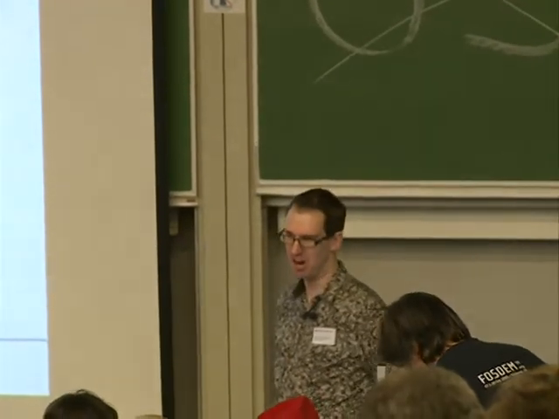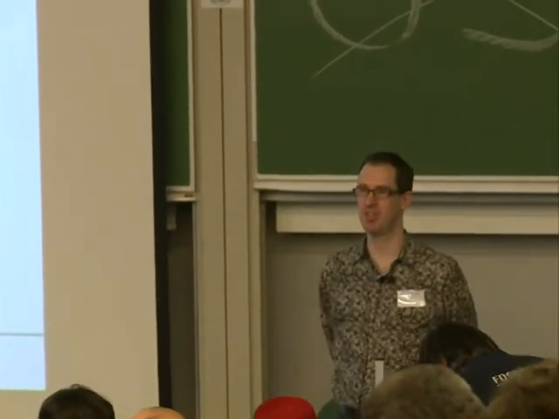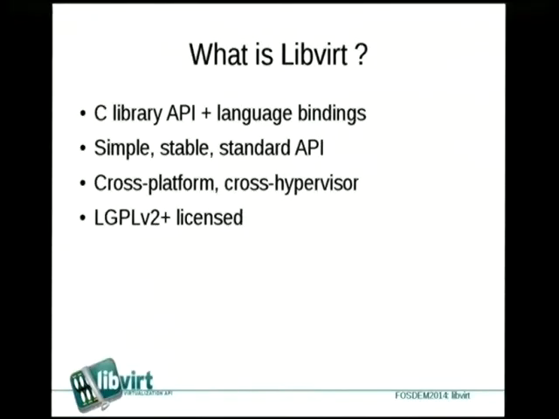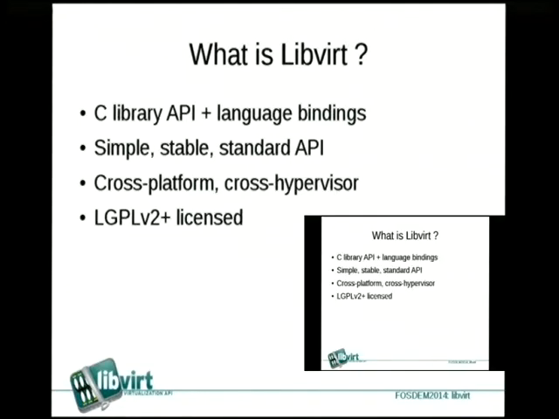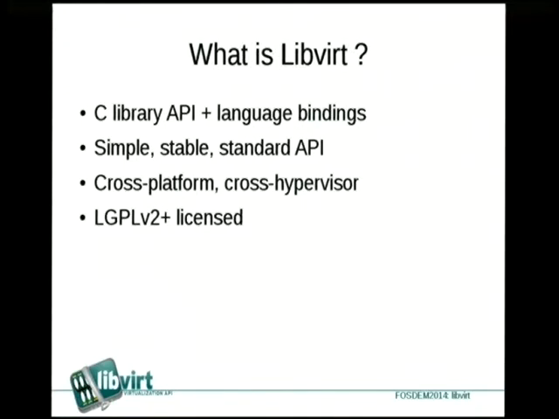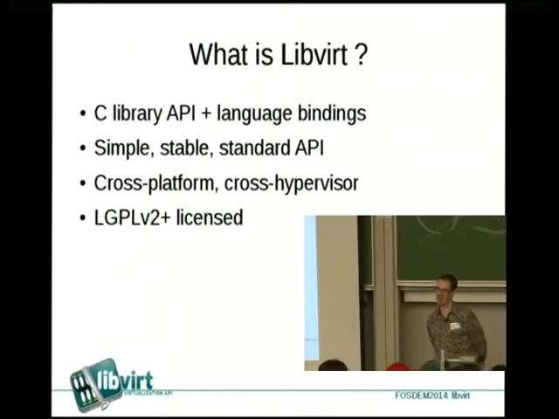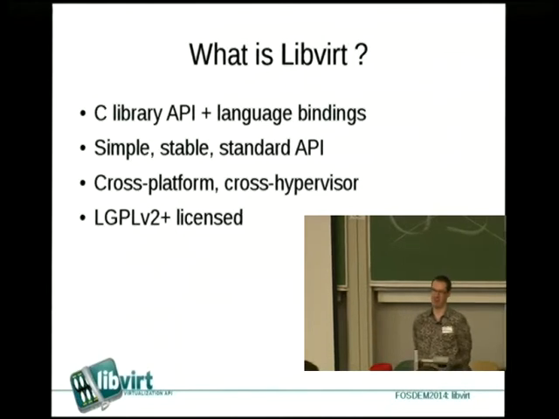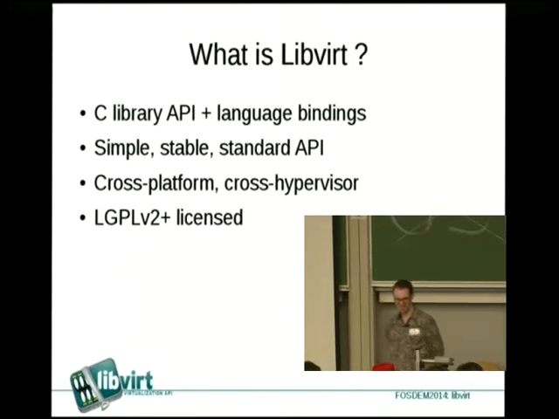So I'm going to assume a little bit of knowledge of Libvirt and virtualization. But for those of you who've never heard of Libvirt, at its core, it's a stable C library API with a number of language bindings to languages like Perl, Python, Java, PHP, OCaml, most of the ones that you do care about and some that you don't care about.